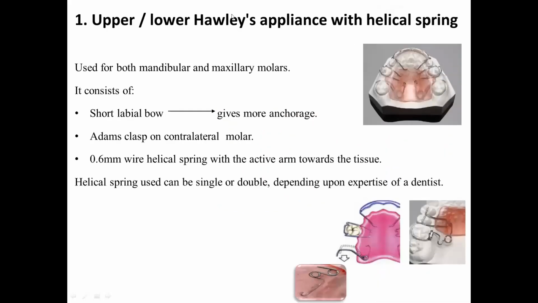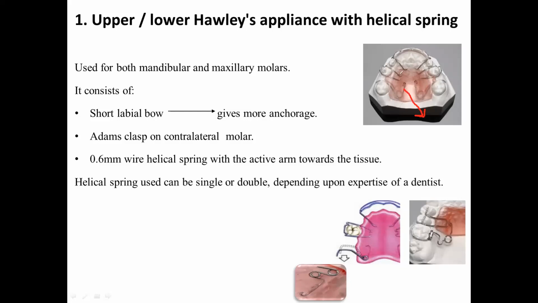So the upper and lower Hollis appliance with a helical spring: if we give it in the upper arch, we call it an upper arch Hollis appliance. If we give it in the lower arch, we call it a lower arch Hollis appliance. This Hollis appliance has some components. This is the acrylic work called the base plate.